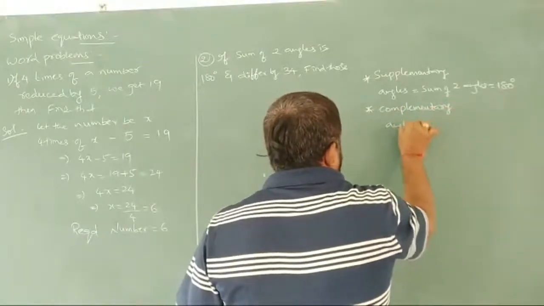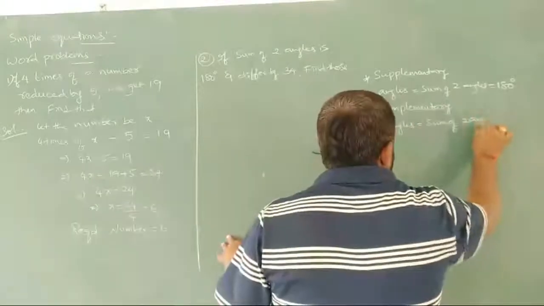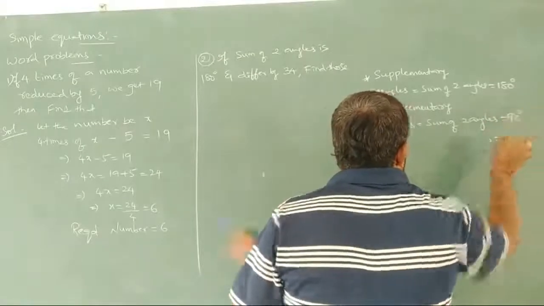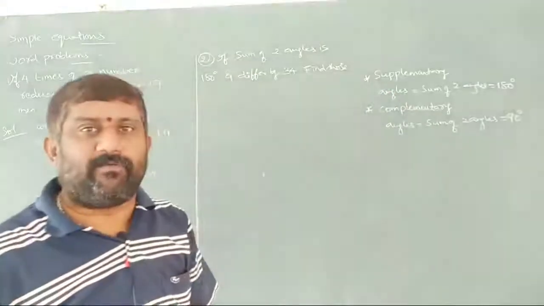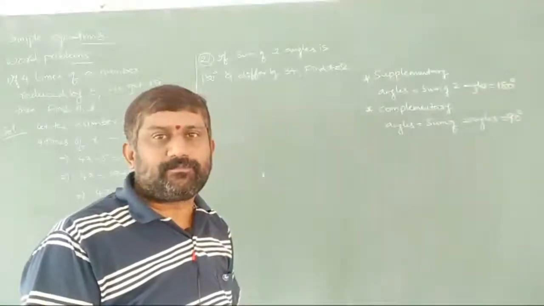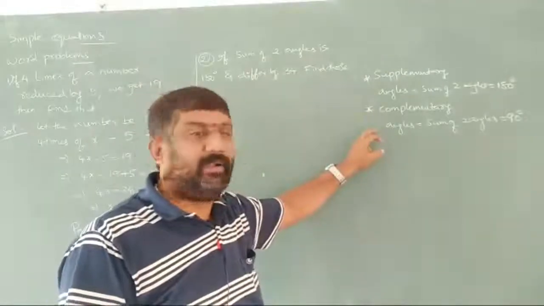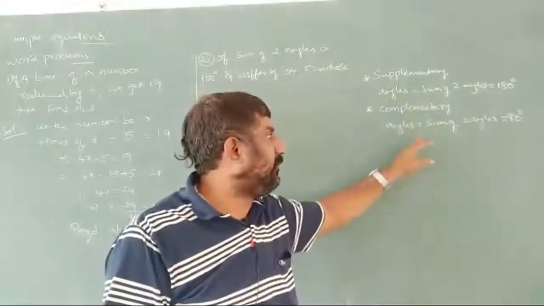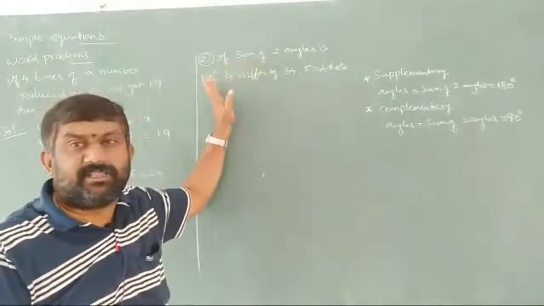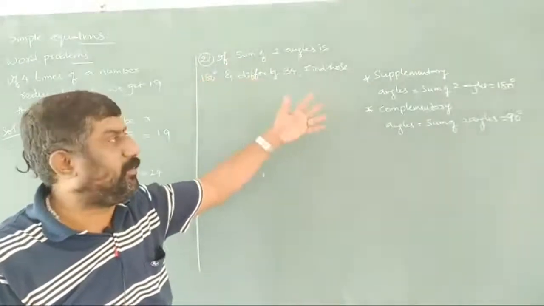Complementary angles: sum of two angles is going to be 90 degrees. Okay. So this is supplementary angles, this is complementary angles. Sum of two angles is 180 degrees, sum of two angles is 90 degrees. In the given problem, sum of two angles is 180 degrees, nothing but supplementary angles. And of course in this problem we don't bother about complementary and supplementary.